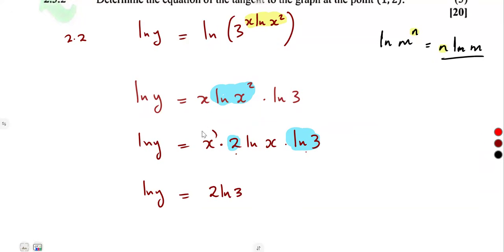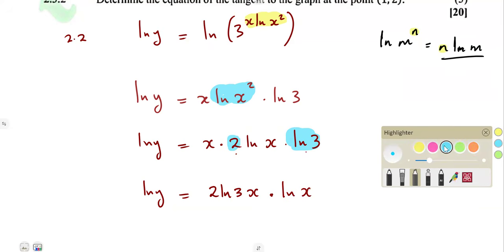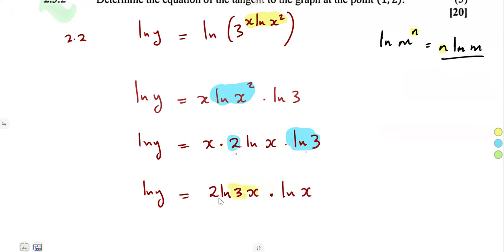We can now separate x and the ln of x. The algebraic part and that logarithm, we can separate. So it's up to you. Are you going to start with x or the ln of x? As for me, guys, I'm just going to start with x. So I'm going to put x here times the ln of x. So I have separated in this manner to say this is multiplying the ln of x.